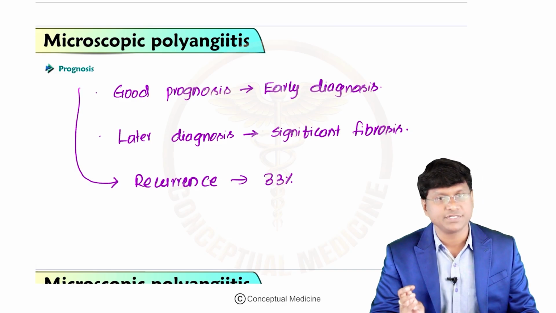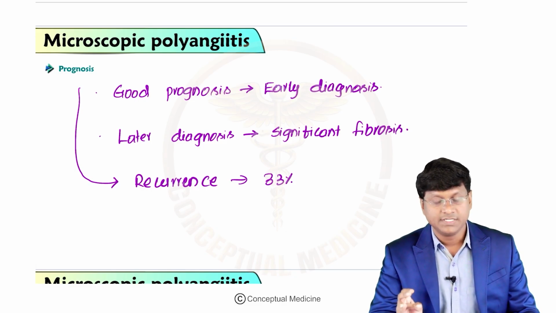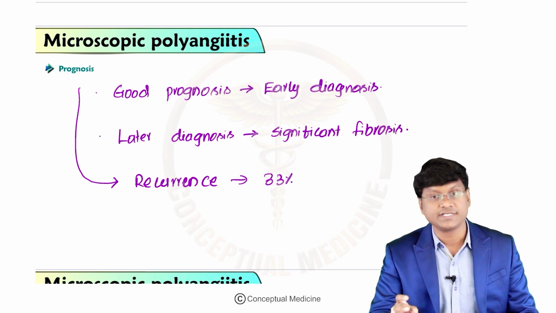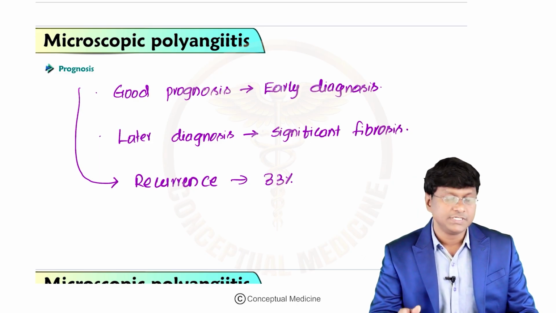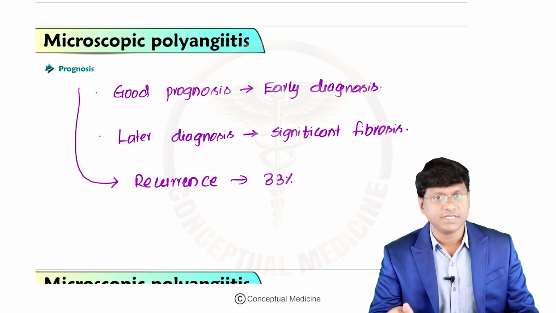The type of inflammation is non-granulomatous necrotizing inflammation, and small vessels like capillaries, venules or arterioles are affected. It often causes glomerulonephritis and pulmonary capillaritis, and it is ANCA positive against myeloperoxidase.